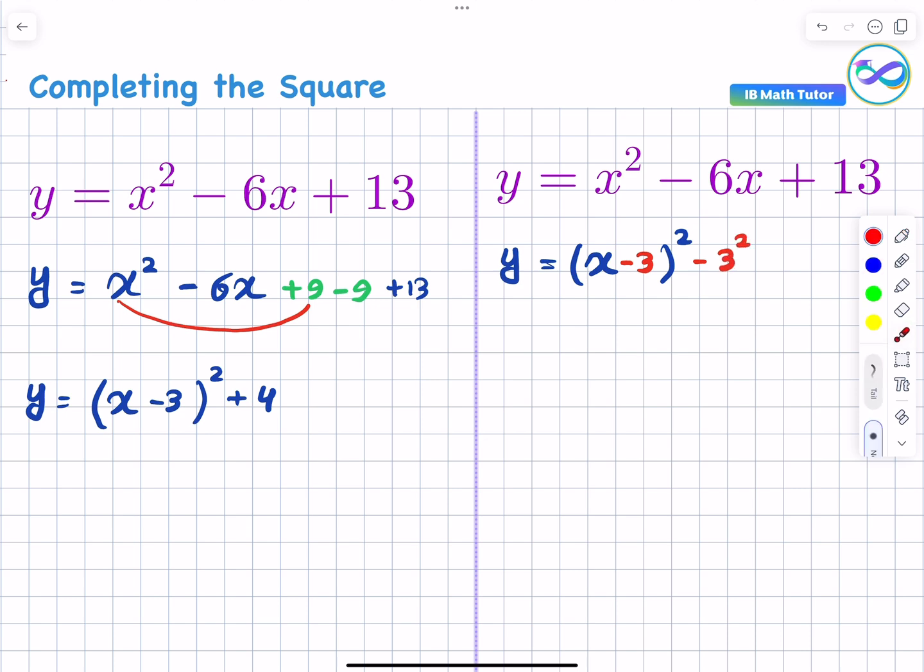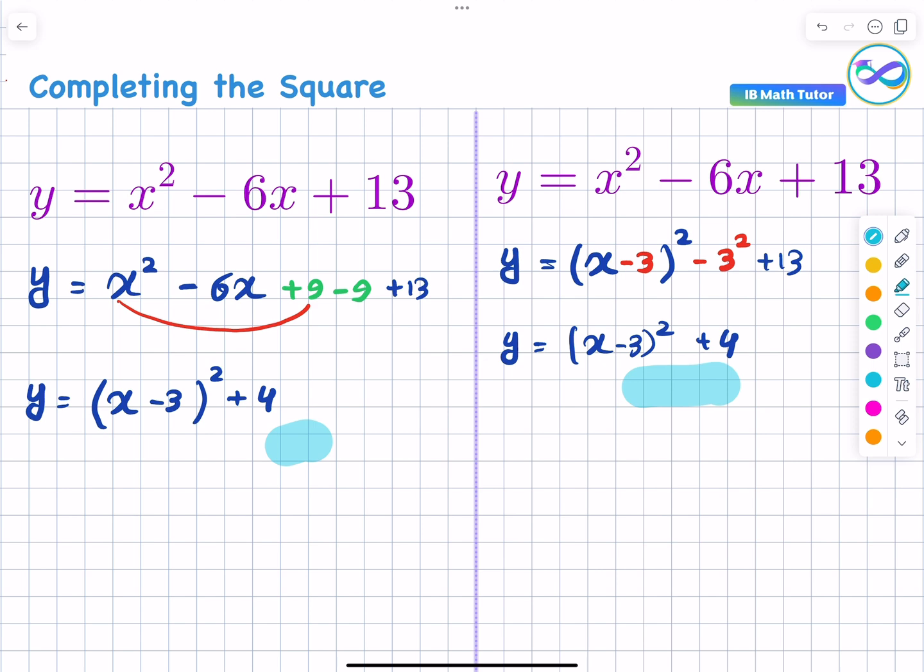So the negative 3 squared inside is the positive 9 here, and the other one will be the minus 9. And then we have plus 13. Now, when we simplify this, we would have x minus 3 squared. Here we have negative 9 plus 13, which is 4. So we got the same answer.